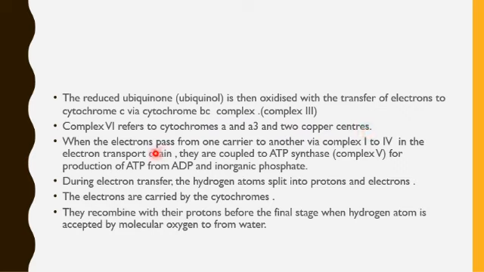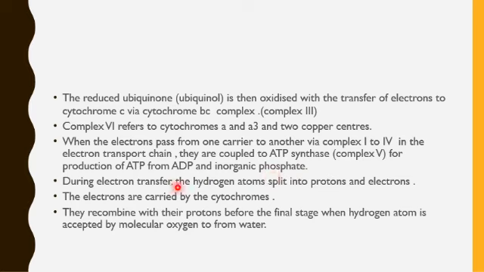When the electrons pass from one carrier to another via complexes 1 to 4 in the electron transport chain, they are coupled to ATP synthetase, that is your complex 5, for production of ATP from ADP and inorganic phosphate.